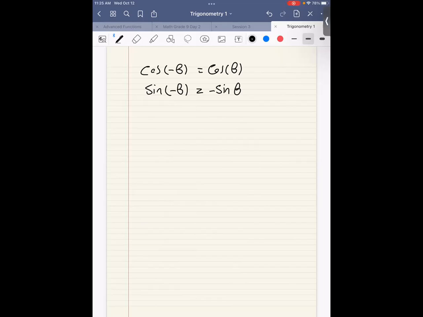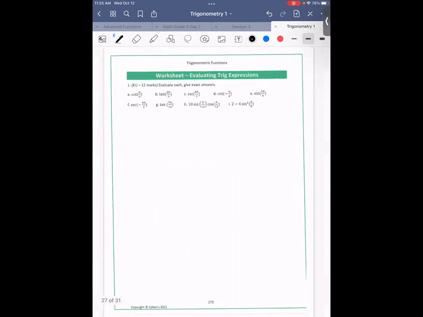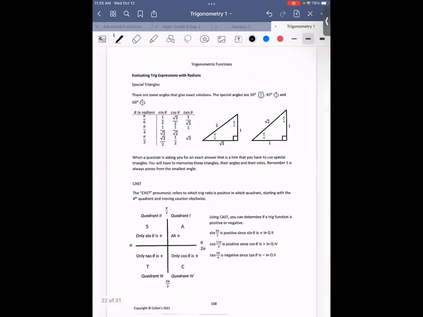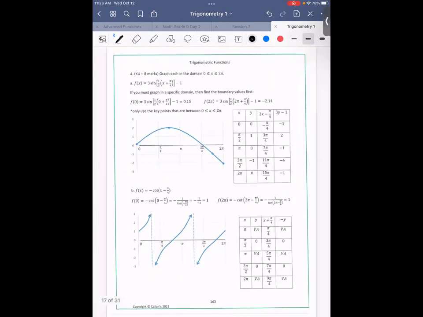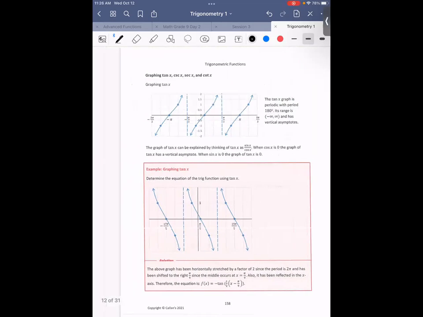So cosine is an even function, sine is an odd function. Okay? And in terms of the function and the graph of a function, I want to show you here.